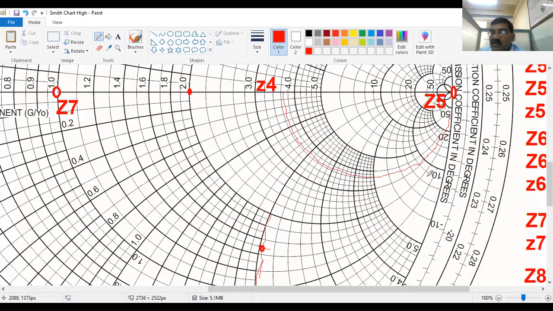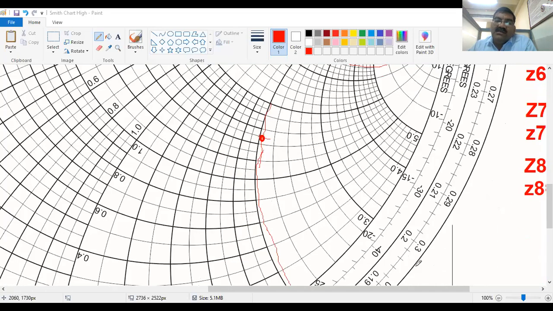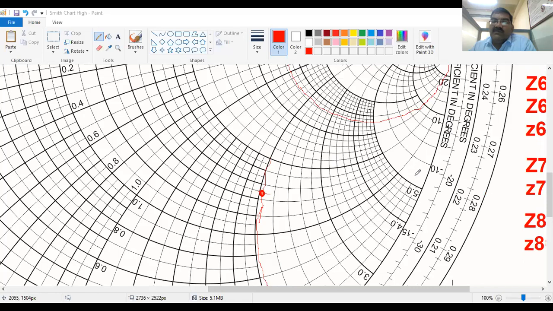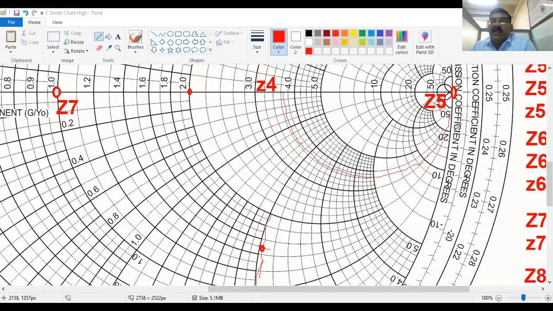Now, what is the other part? The imaginary part, that is j18. So j you can see here: j2, j3, j4, j5, j10, and this is j20. Between j10 and j20, how many lines are there? 1, 2, 3, 4, and 5. So this is 10, 12, 14, 16, and this is 18.